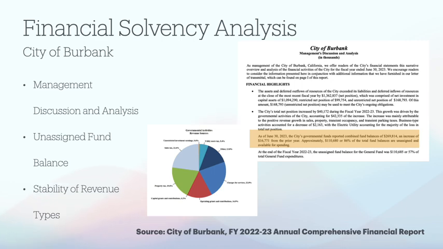I don't think that the City of Burbank is at risk of losing such a sizable portion of their revenue streams. So as we head into the MD&A, just the first couple of paragraphs really do highlight the fact that the City of Burbank is in good financial standing. But of course, we don't stop there. We'll take a look at a few financial solvency ratios.